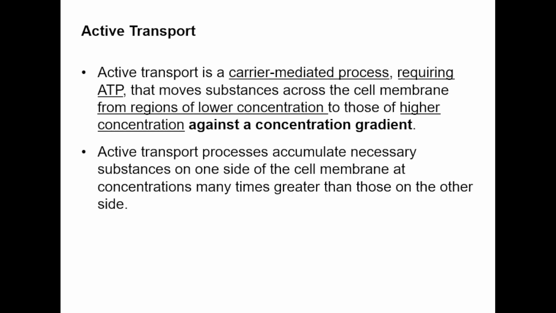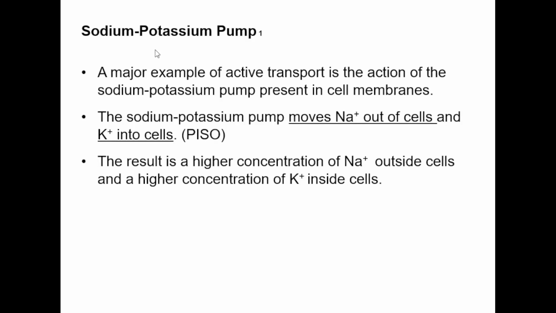Remember earlier I showed you which substances should be abundant inside and outside the cell. What keeps those substances abundant in their respective areas is active transport. Just like your sodium and potassium. The sodium-potassium pump is one of the major examples of active transport. So, what does this pump do?